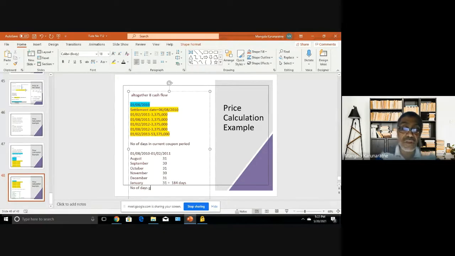Holding period means that person is holding this bond for this current coupon period, right? Holding period in the present, current coupon period.